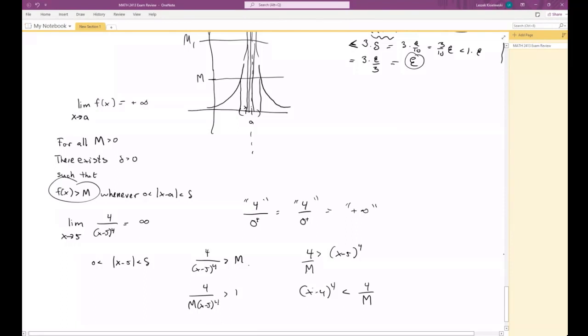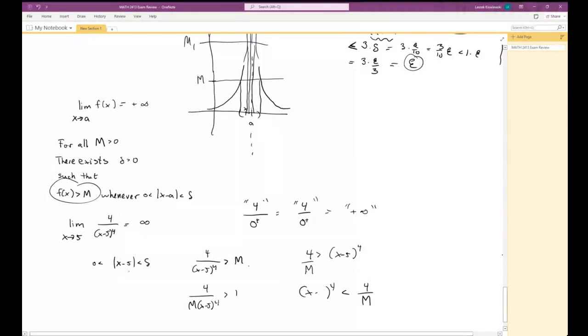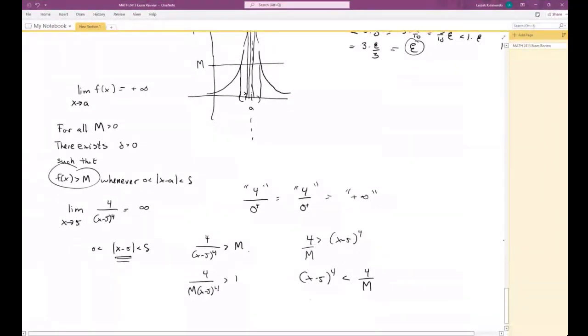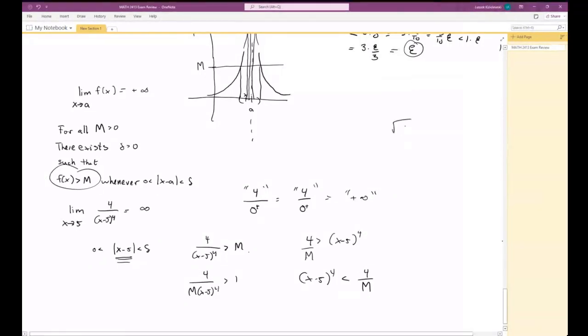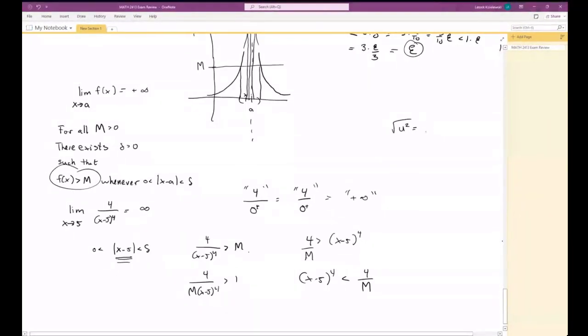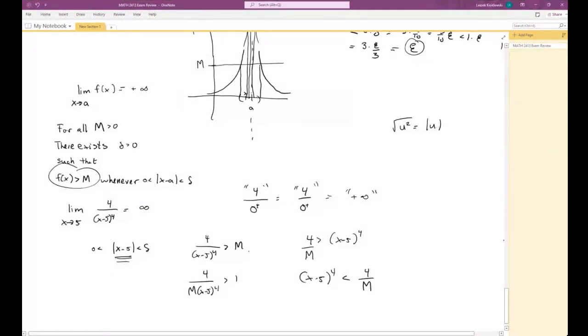Take the fourth root of both sides. That's right. Right, because again, this is what we're aiming for. We want to see x minus 5, or rather the absolute value of x minus 5. So we're just going to take the fourth root of both sides. And by the way, in general, what's the square root of something squared? What's the most general statement you can make? Absolute value. Absolutely true. Right?